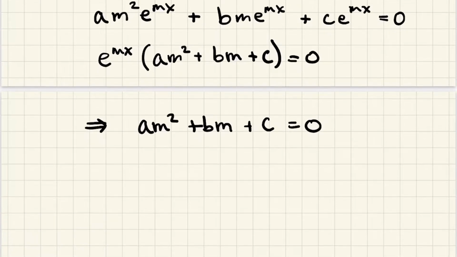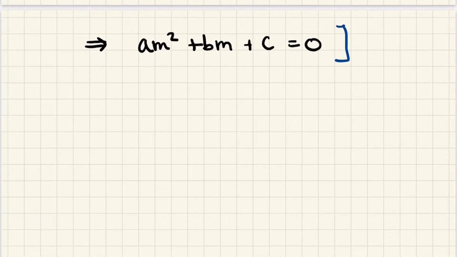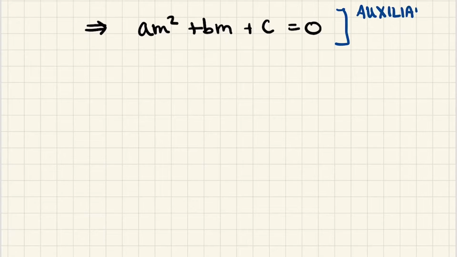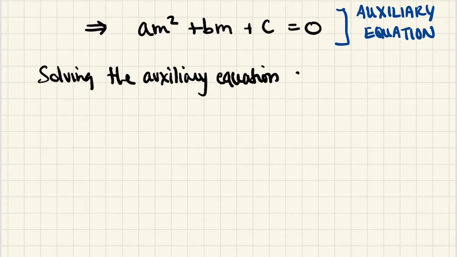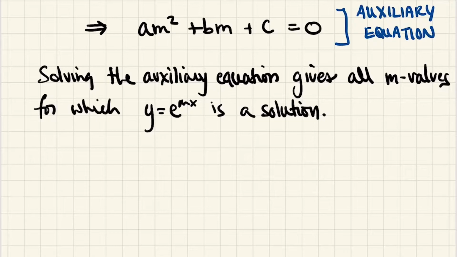Now this guy here is called the auxiliary equation for the differential equation. And solving the auxiliary equation will give all the m values for which y equals e to the mx is a solution.